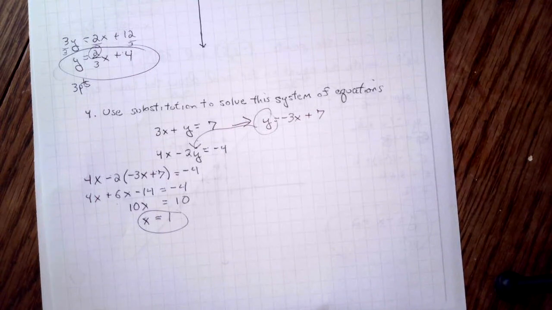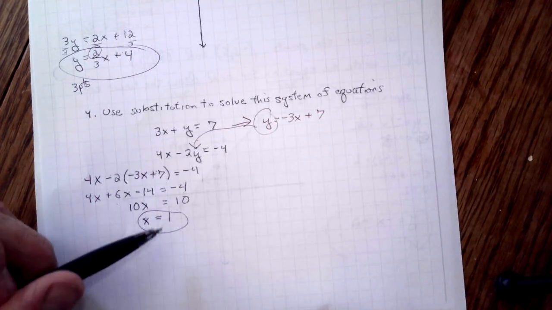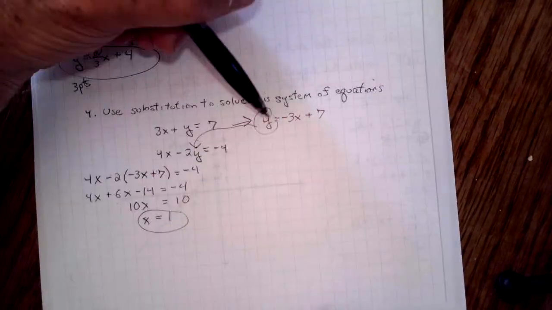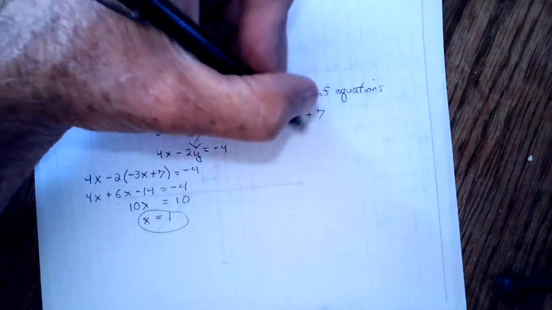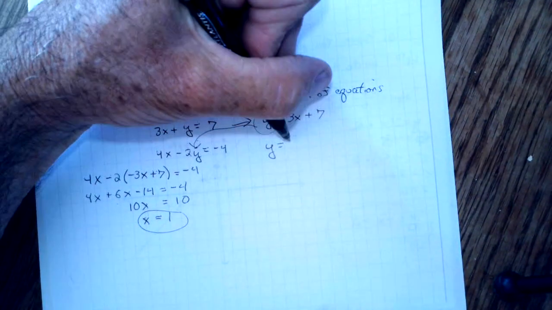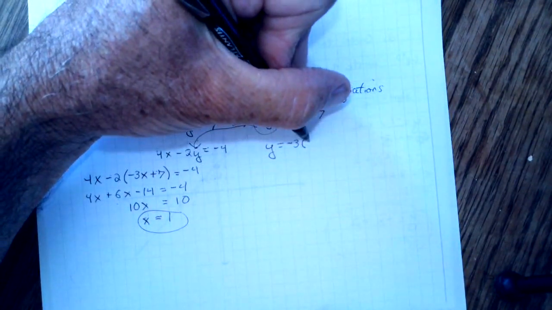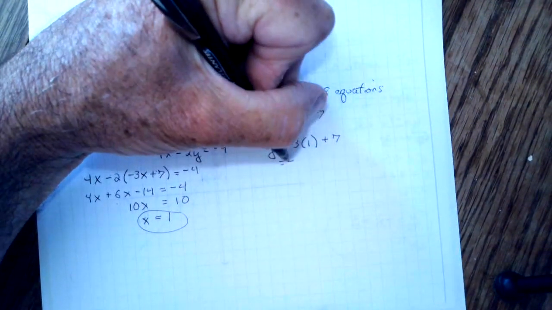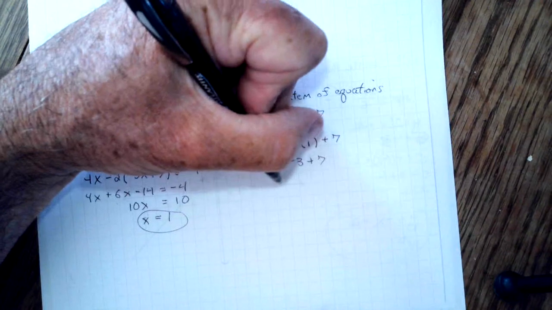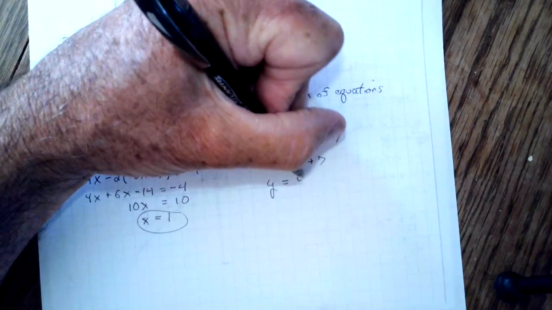When I say solve the system of equations, that means there are 2 answers. I need an x and a y. Well, I already have up here what y is equal to, so I'm going to use that equation here: y equals negative 3 times x, which is 1, plus 7, or y equals negative 3 plus 7, or y equals 4.